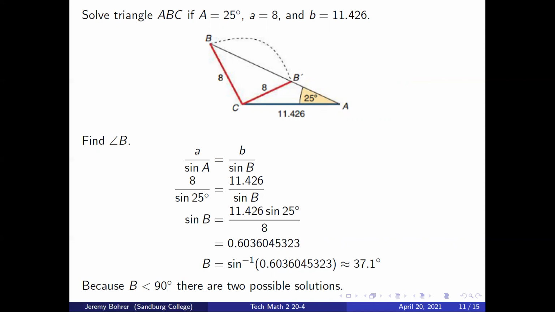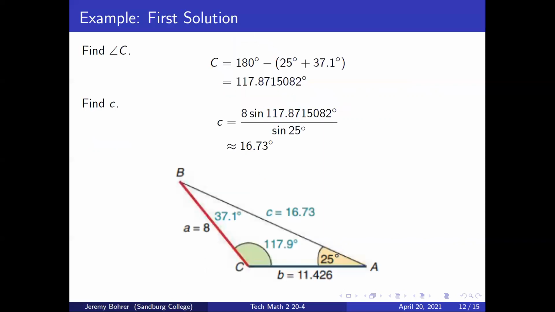B is equal to the inverse sine of 0.60360454323, which is about 37.1 degrees. But A is less than 90 degrees, so there are two possible solutions.